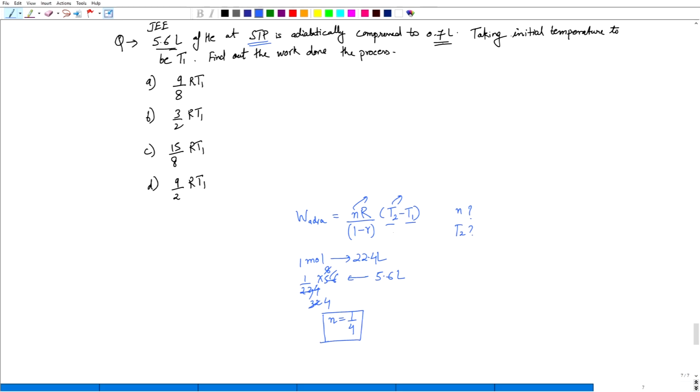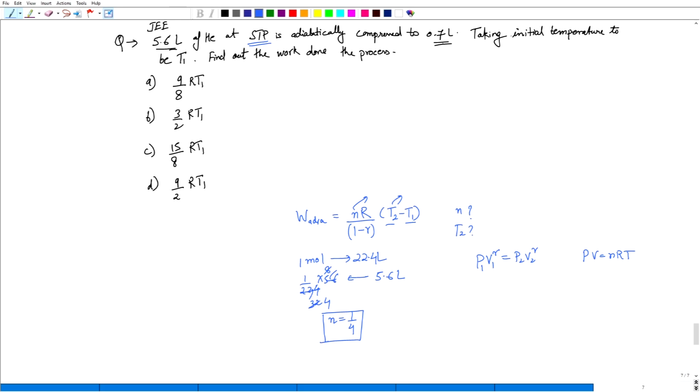Now we have T1. We need to calculate T2 in terms of T1. We only know the relation P1 V1 to the power gamma equals P2 V2 to the power gamma. But how can we relate it in terms of temperature? From the ideal gas law we know that PV equals nRT.